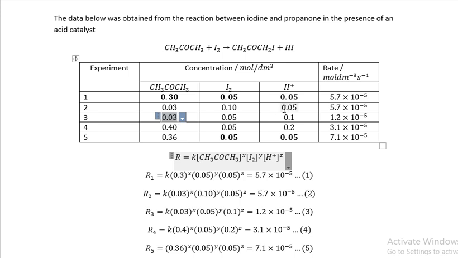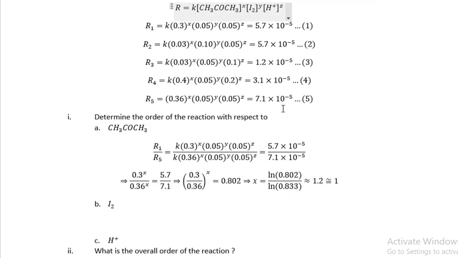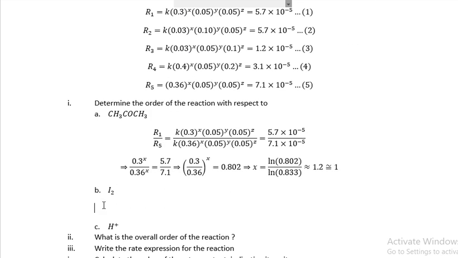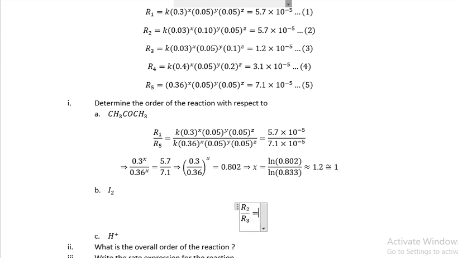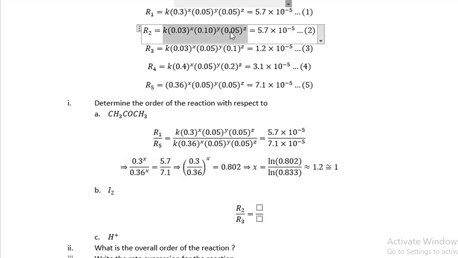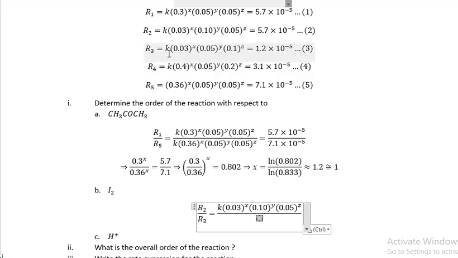Anyways, I think let's just try experiment 2 and experiment 3, and then we'll also try other experiments to see what we are going to have, because in this case the values are bizarre. So if I take rate 2 over rate 3, here we have rate 2, here we have rate 3.